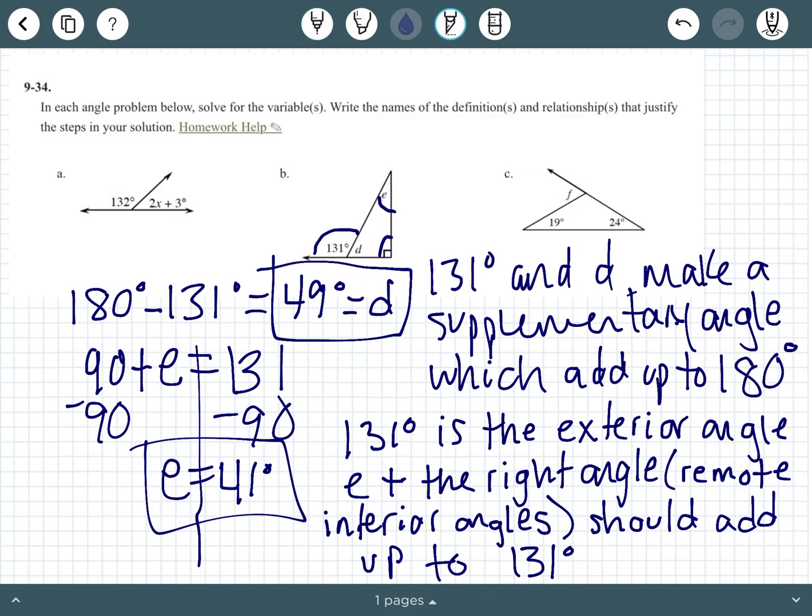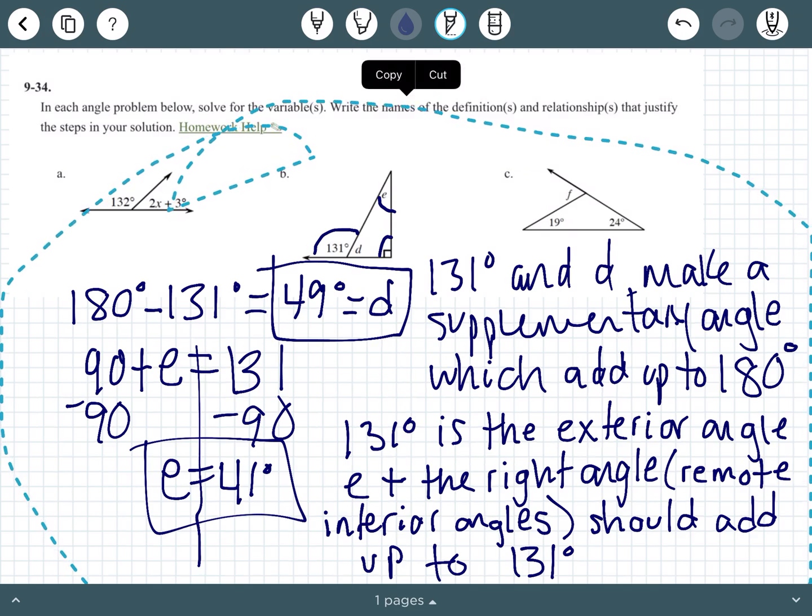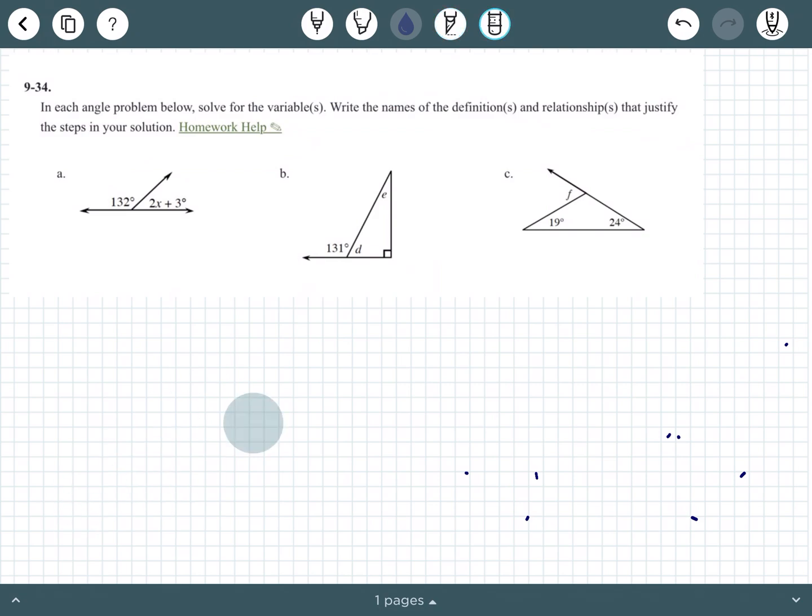Now to have a look at C. All right, and in C, I have F. So if you have a look at F, you'll notice that we are given an exterior angle. And you'll also notice that we're given the two remote interior angles as well, that 19 degrees and the 24 degrees.